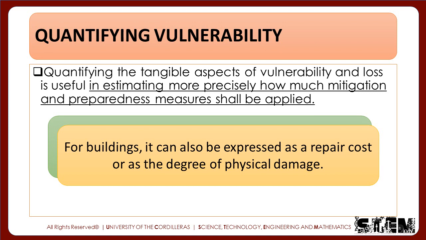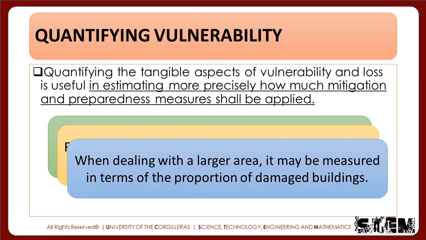Let's say, for example, we're talking about a house that was burnt by fire. Then the reporter will just say, almost all of the houses were burned, or like 70% of the houses were damaged, so they can say it in that way. And when dealing with a larger area, it may be measured in terms of the proportion of damaged buildings.